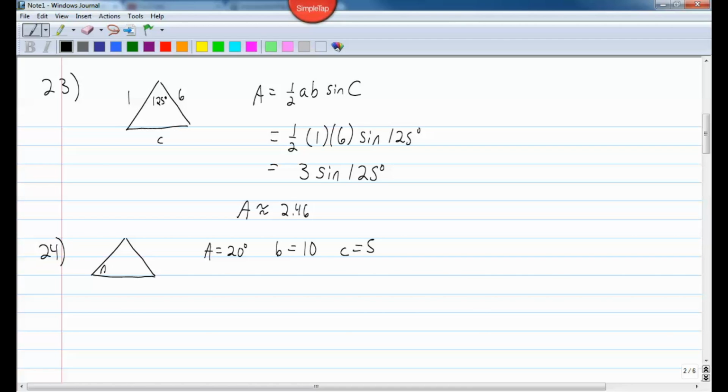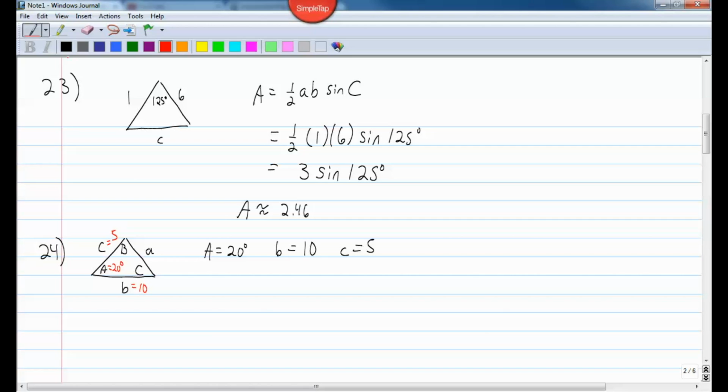So I'm going to call this angle A, this angle B, and this angle C. So if I label my angles that way, that means that the side across from angle A, that's side a, so that's lowercase a. The side across from angle B, that's side b, and the side across from angle C, that's side c.